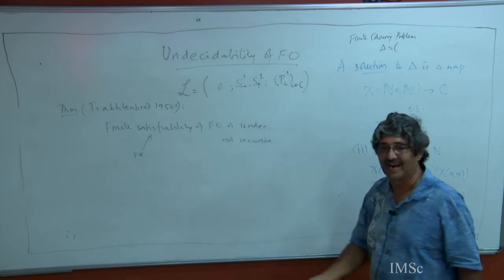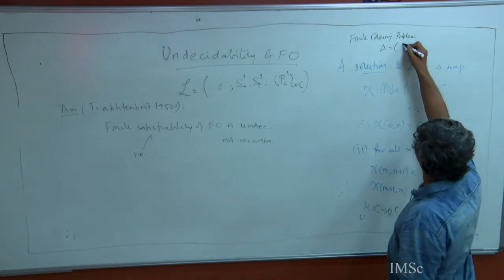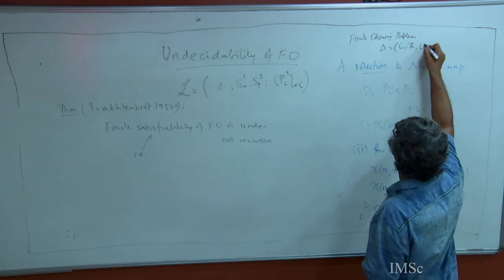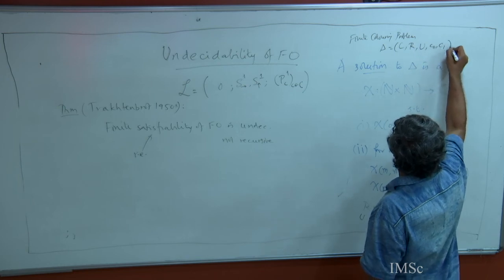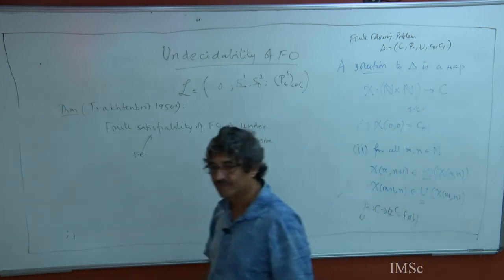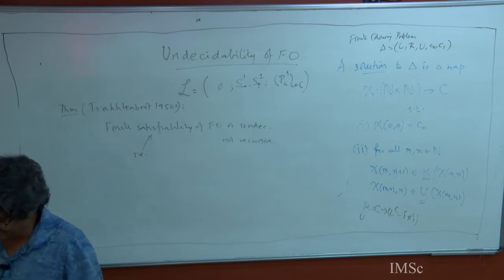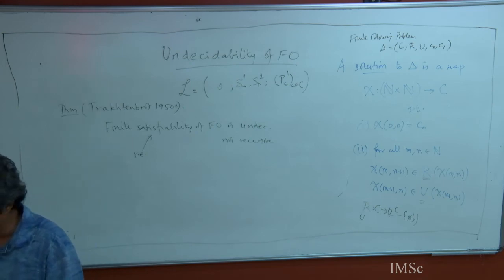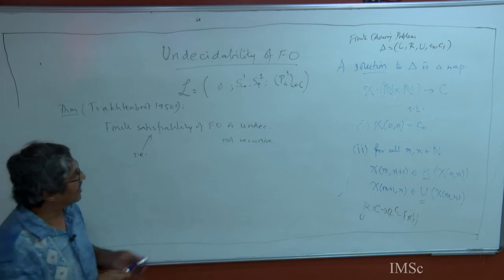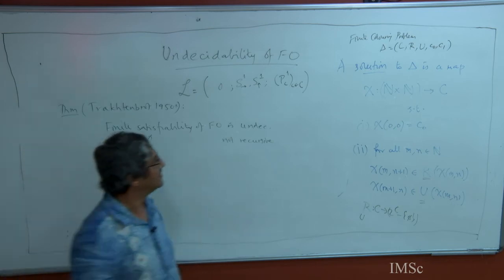An instance of the finite coloring problem is: you are given a finite set of colors, an up function, and two colors, C0 and C1. I'm sure you can guess what's coming. What is the solution to delta?